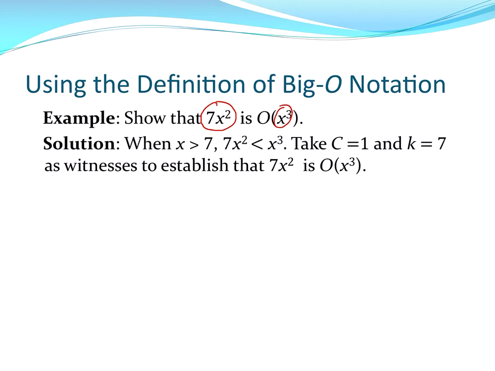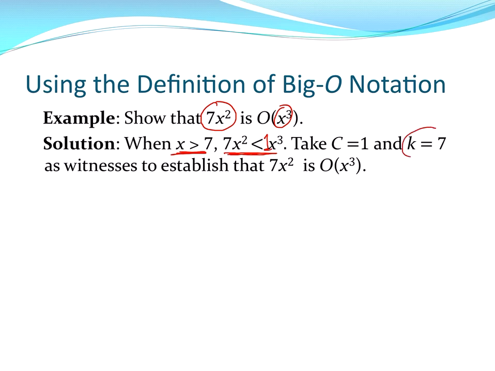So we'll fix k to be 7. So x is greater than 7. If I multiply both sides by x squared, I get 7x squared is less than x cubed, and x cubed is the object of our big O, which has a coefficient of 1.